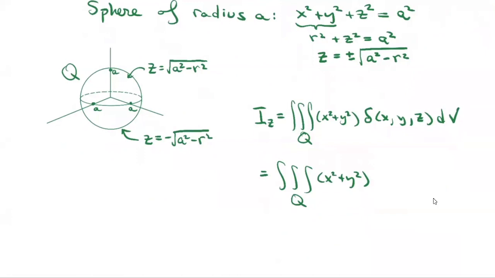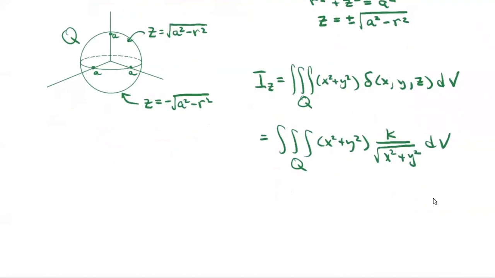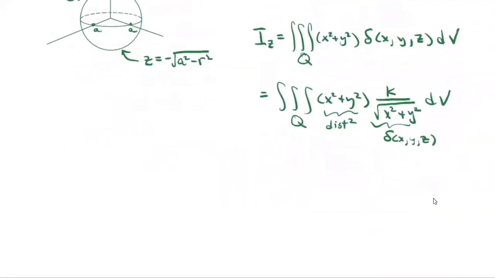So I'll keep that k over the square root of x squared plus y squared, and then dv. Okay, so that's distance squared, and this is density, delta of x, y, z. Moment of inertia is mass times distance squared. Okay, any questions?